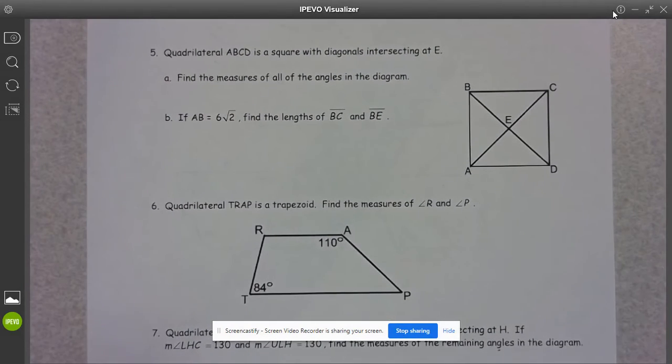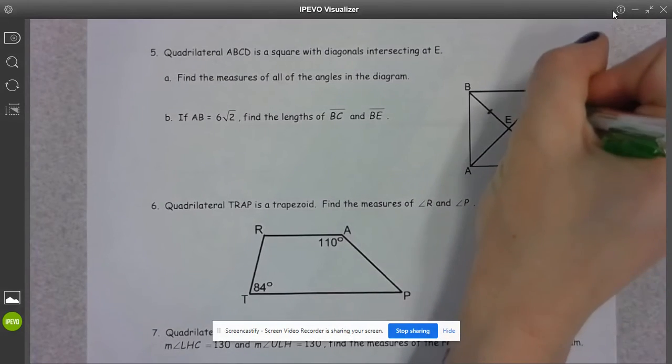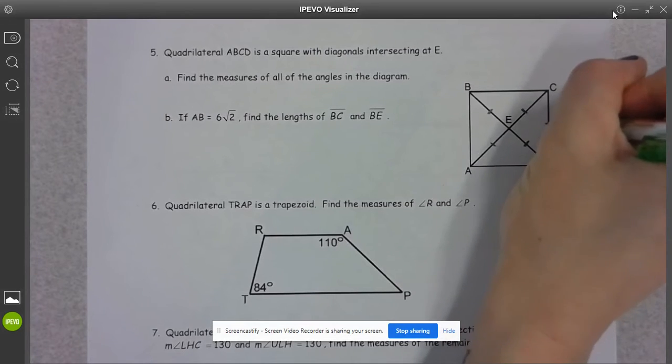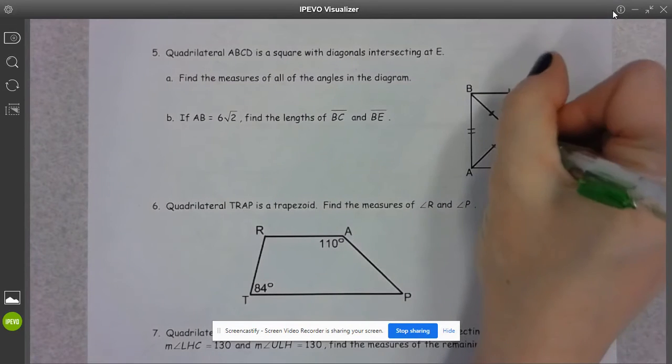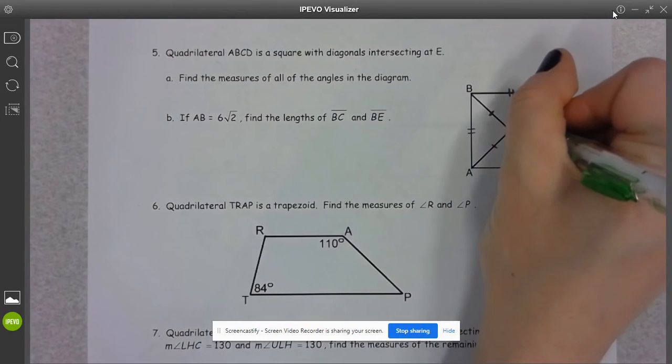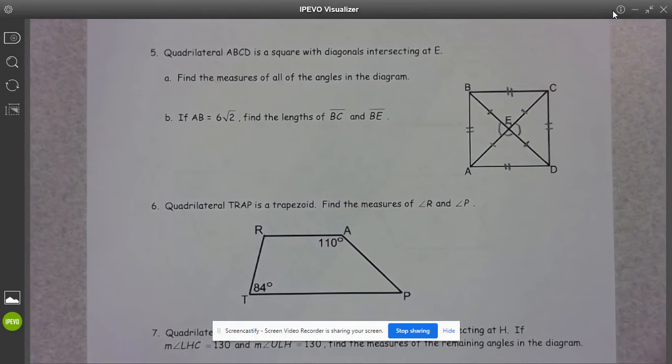All right, now we have a square, a square with diagonals intersecting at E. I know that these are congruent. I know these outsides are all congruent. I know that these angles are all congruent. I also know that every angle is 90 degrees.